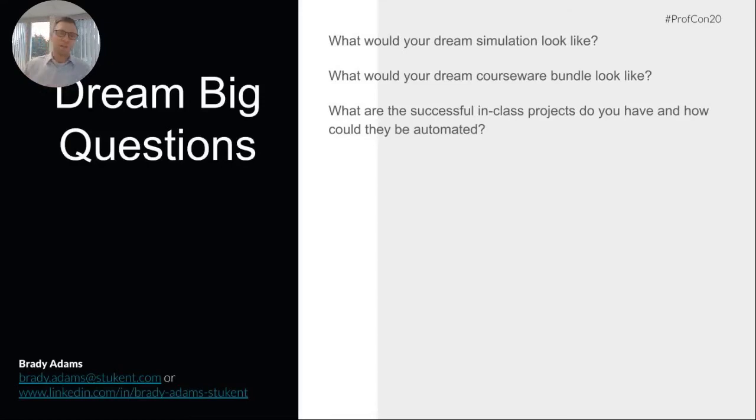What could we do if there wasn't a limitation to technology? That's where we like to take the conversation, so that we can then scale it back and understand, okay, we use the term MVP, which is a minimum viable product. A lot of you guys have probably heard that before. It's what can we take from this big idea that would be ideal to teach this subject, and can we scale it back to something that is still going to help the students.